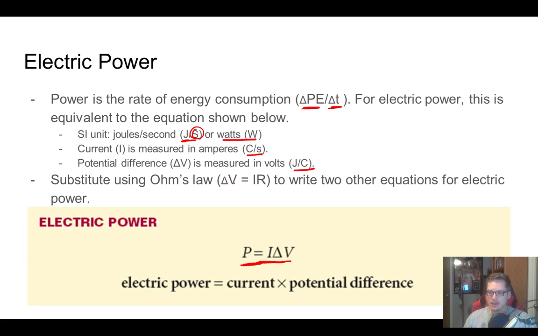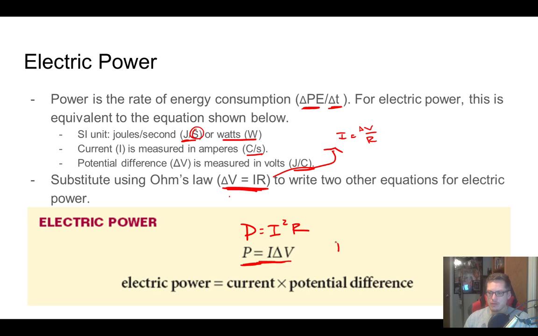And we could take this idea and plug it in to find the other two equations for power. So we know this is Ohm's law. The change in potential difference is equal to the current times the resistance. So if we replace our V with this, the power would also be equal to I squared times R. And for the last one, we replace our I. If we rearrange this formula for I, I is equal to delta V over R. So we replace I here and plug in our value.